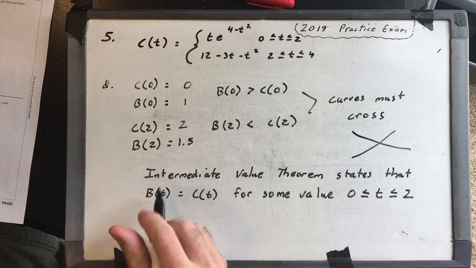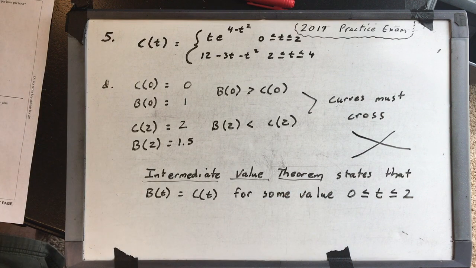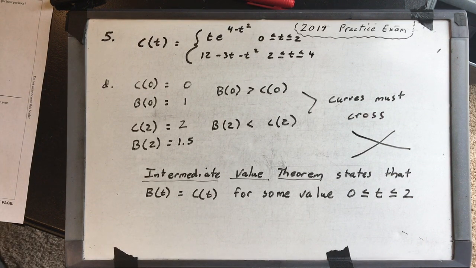Hopefully that would do the trick. You're definitely going to have to use the intermediate value theorem in your answer. That's it for number 5, a pretty short one, but especially parts B, C, and D all could be asked. So it's a video worth watching and some notes worth writing, and I will talk to you next video.